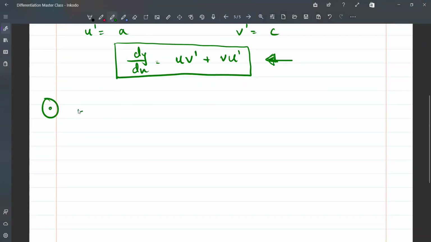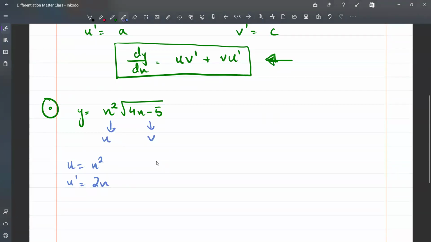Let's say we have y is equal to x square under root 4x minus 5. So this is u and this is v. So u is x square, u dash is 2x.